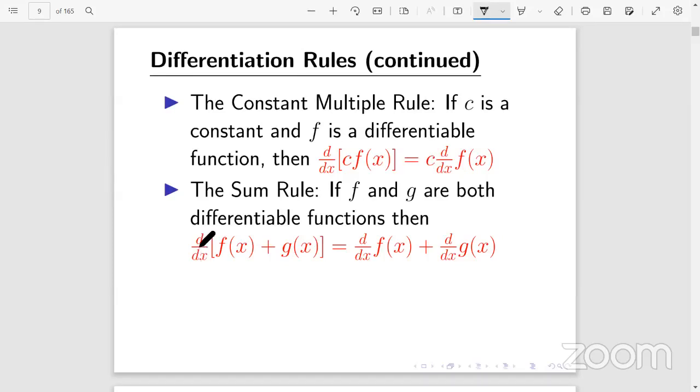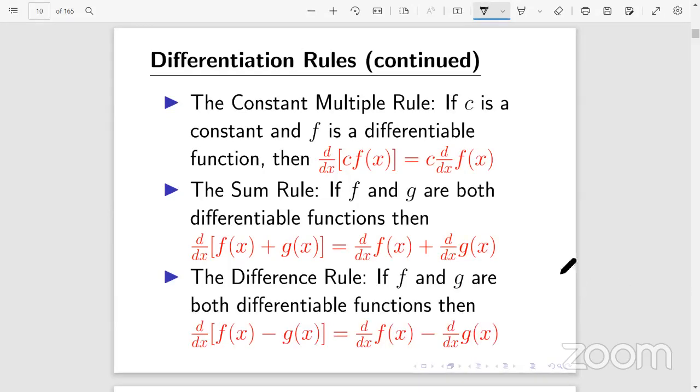So the derivative of a sum is the sum of the derivatives. And the same thing goes for the difference: differentiating the difference of functions gives the difference of the derivatives of those functions.